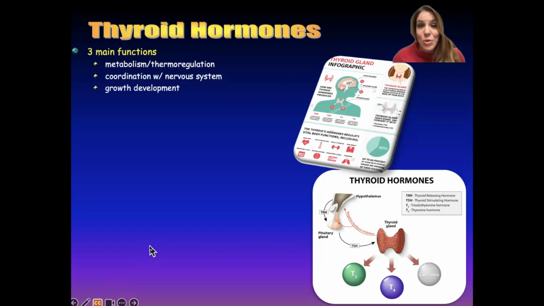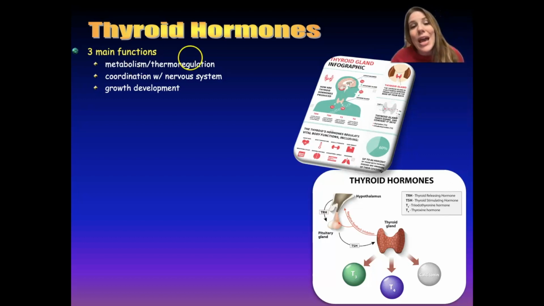Now, in general, these thyroid hormones do a lot, and we can divide that into three main functions. Principally, metabolism. Thyroid hormones are really the metabolism hormone. They target most of the cells of the body and are going to help do all the reactions that happen in the body, all those biochemical reactions that allow your body to do what your body does.